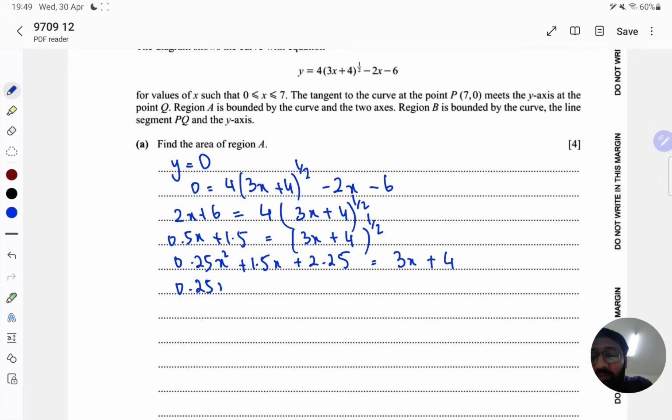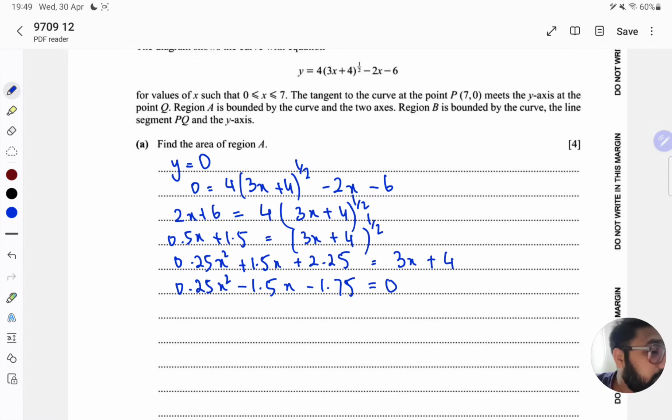Simplify: 0.25x² plus, not plus, it will be minus 1.5x, minus 2.25 minus 4, which is minus 1.75, is equal to 0.